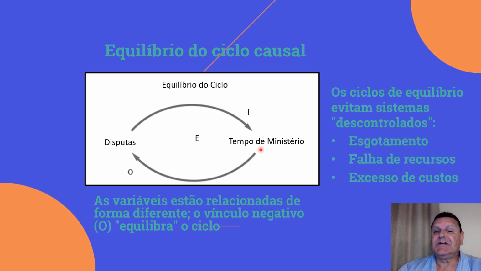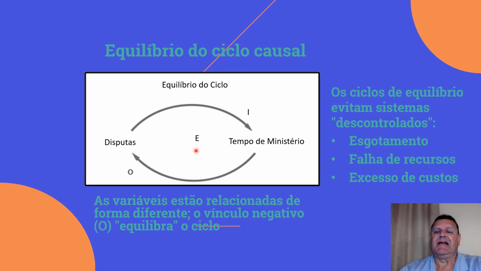And as ministry time goes up, the disputes go down. So there's a same and an opposite. It doesn't continually increase, so it's not reinforcing, because as we put in more ministry time, that decreases the disputes and that balances out the loop.